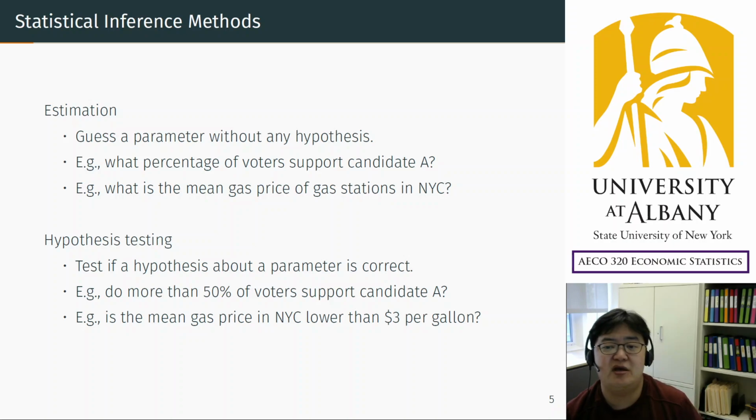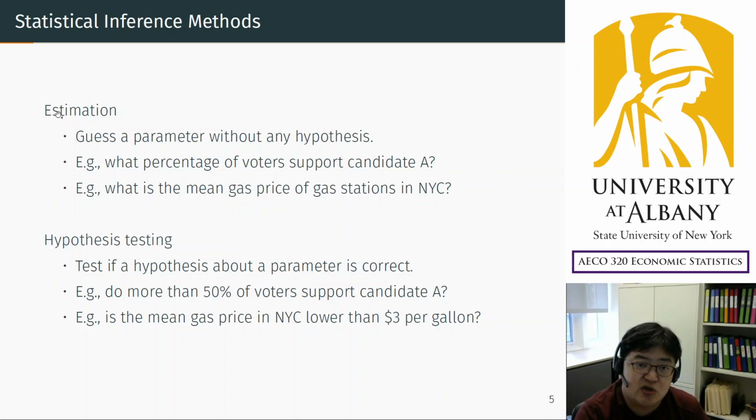So here, let me give you another example. There are two major methods for statistical inference, two categories of inference methods. One is estimation, which is easy to understand, and the other is a little bit weird method called hypothesis testing.